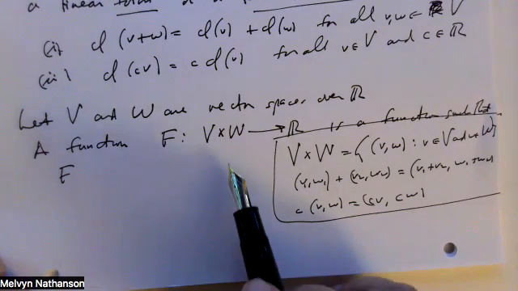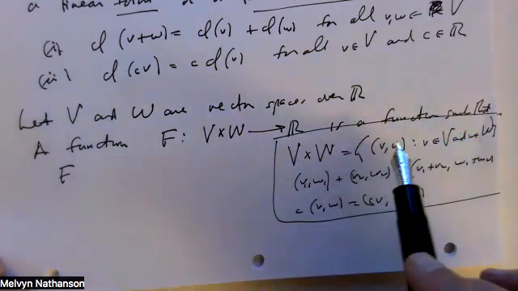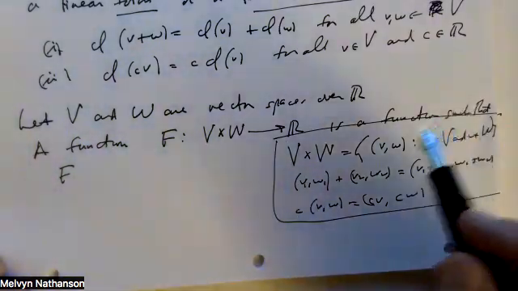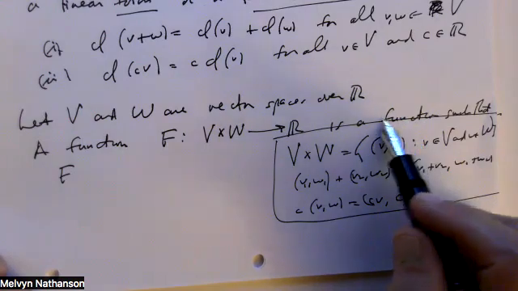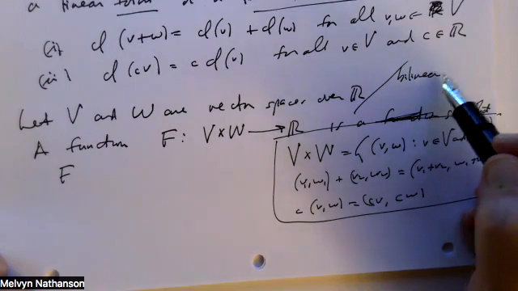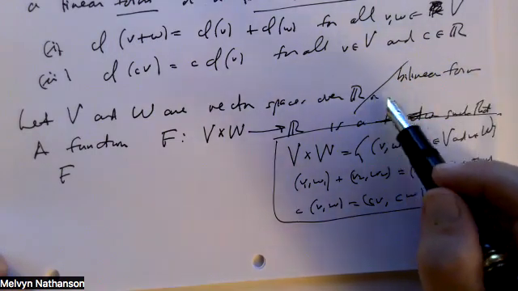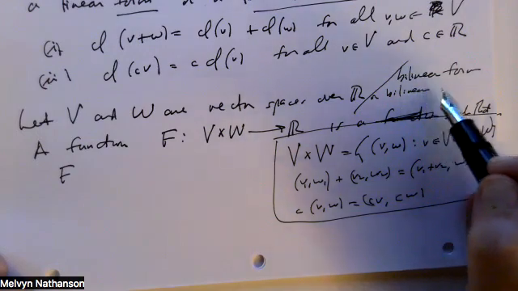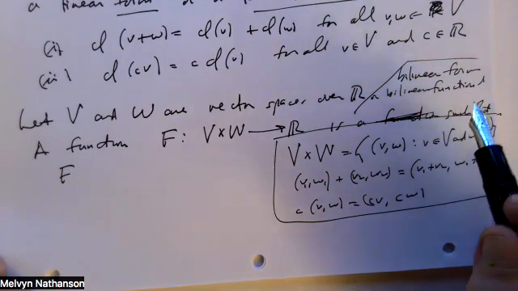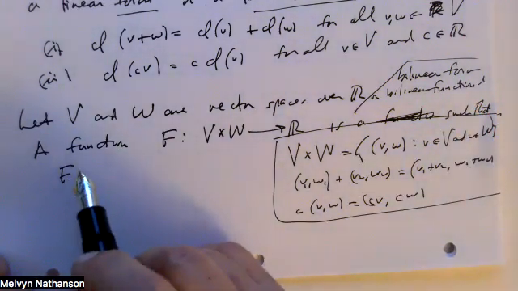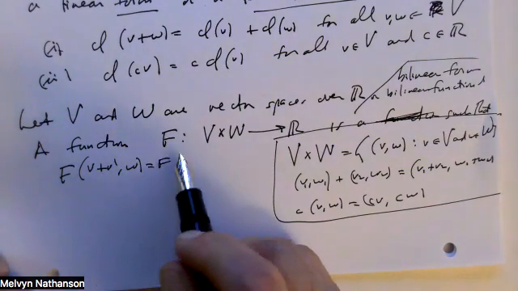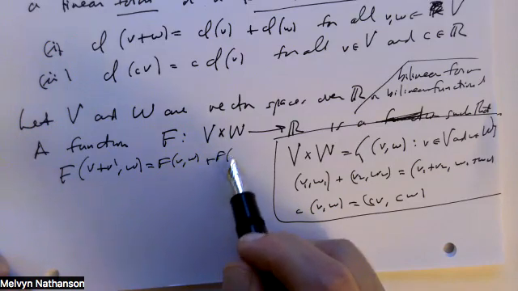And a function from V cross W into R is called a bilinear form, or bilinear functional, if it satisfies the following two properties. f of (v plus v prime, w) is f of (v, w) plus f of (v prime, w).